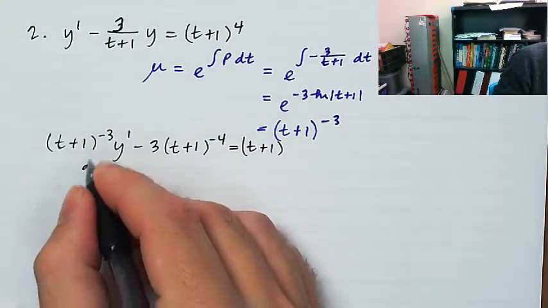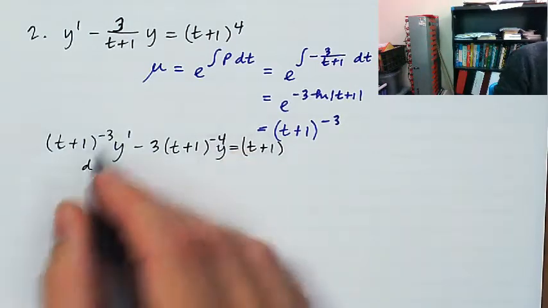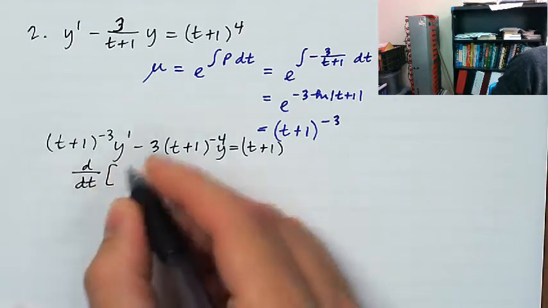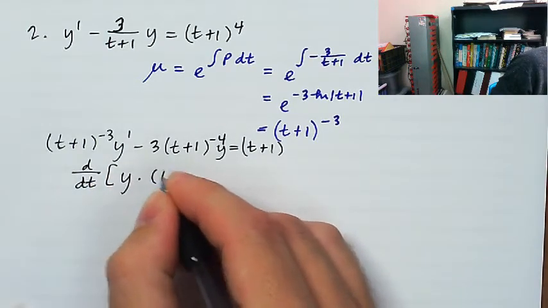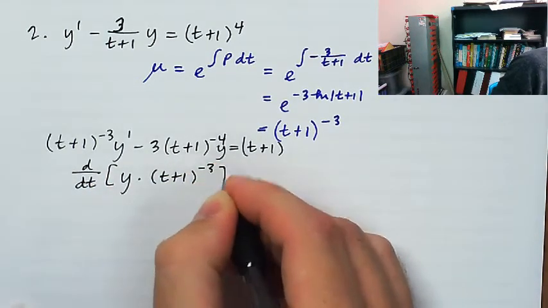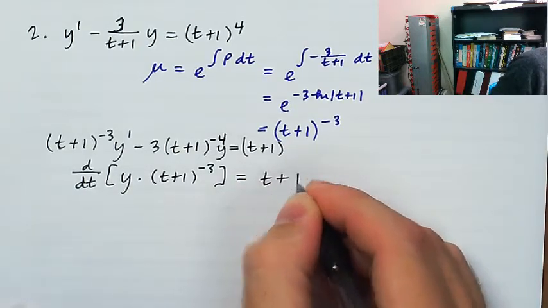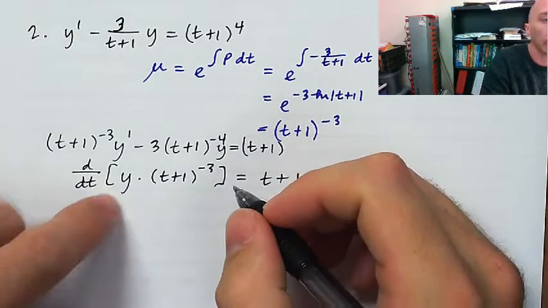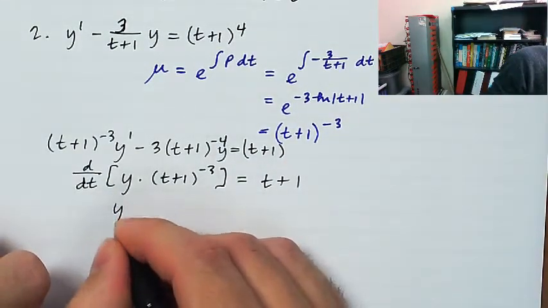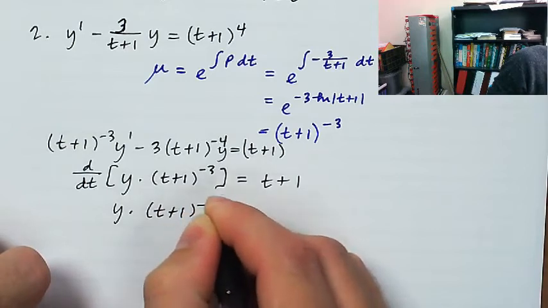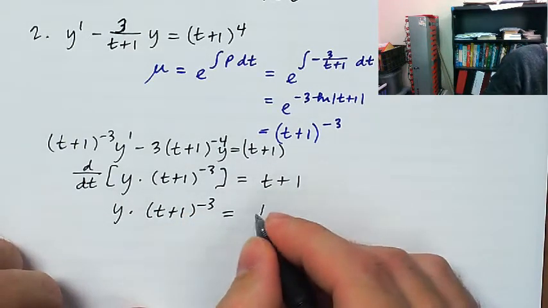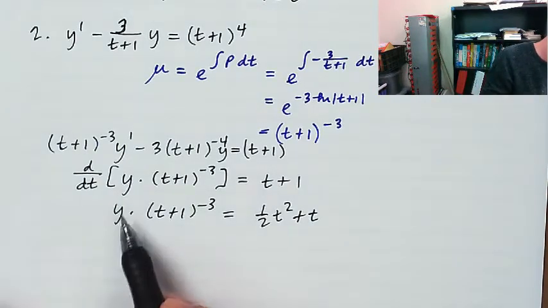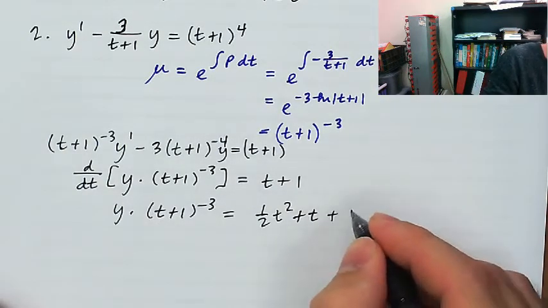Okay, this is the derivative of something. I've lost the y again, but definitely needed to have that. This is the derivative with respect to t of y multiplied by t plus 1 to the negative 3. So I'm going to anti-differentiate both sides, and I'll get y times t plus 1 to the negative 3 is going to be equal to 1/2 t squared plus t, plus c, pardon me.